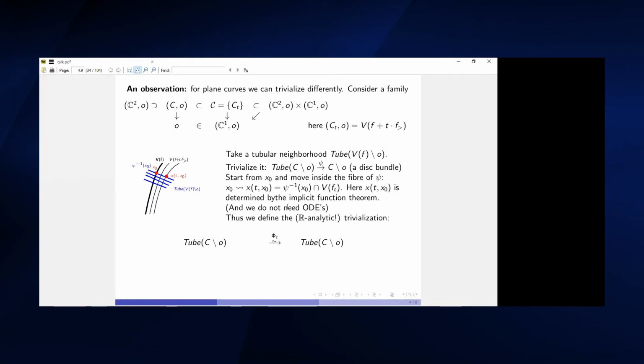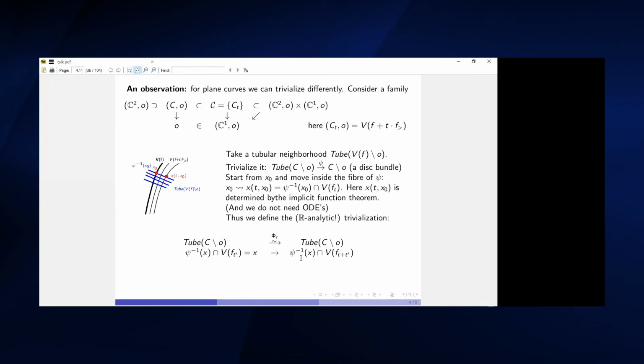And therefore, if we start with the R-analytic trivialization of the tubular neighborhood, then we can define the R-analytic trivialization of our family as follows. We start from some x0, which sits inside the intersection of the fiber of the tubular neighborhood and some member of our family at time t prime.